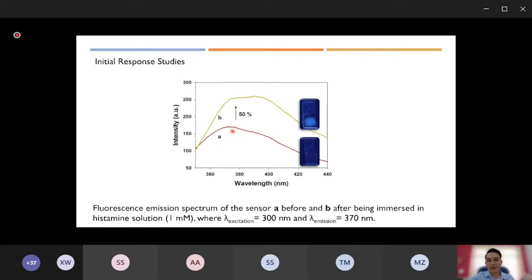Before, this is a bare sensor electrode, there is just a bit of fluorescence intensity, around 160. After we dip it into the histamine solution, there's a significant increase of the fluorescence intensity of about 50%. As you can see here, there's a glow after we expose it to the histamine solution. Therefore, this is a signal of a good response of the sensor. So we can go further to optimize and do performance studies of this sensor.